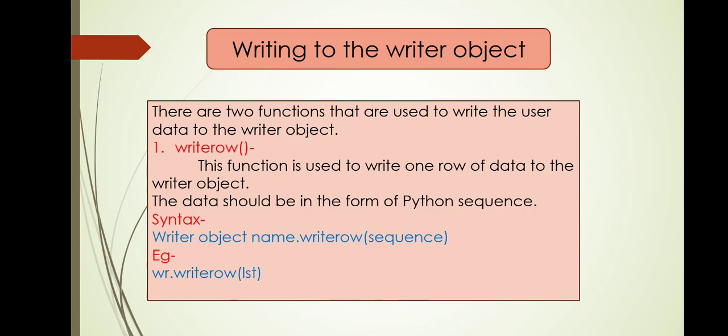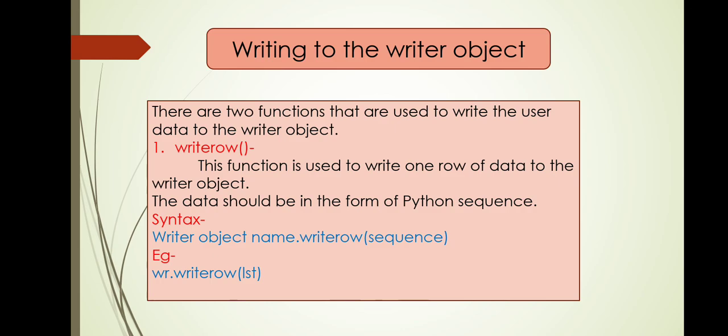Now I have said that the writer object is going to convert the data received from the user into a proper format so that it could be stored in the CSV file. But how do we write the data into the writer object? For that we have two functions.